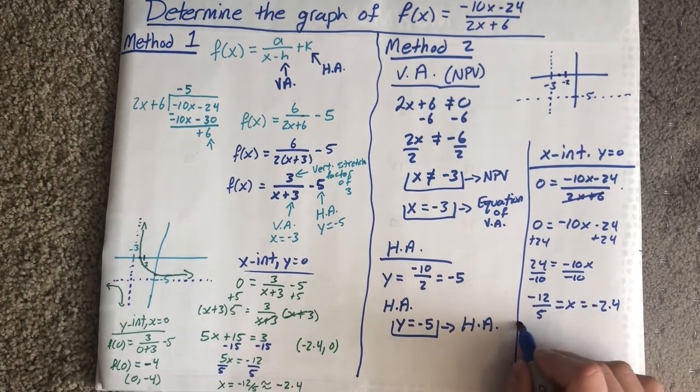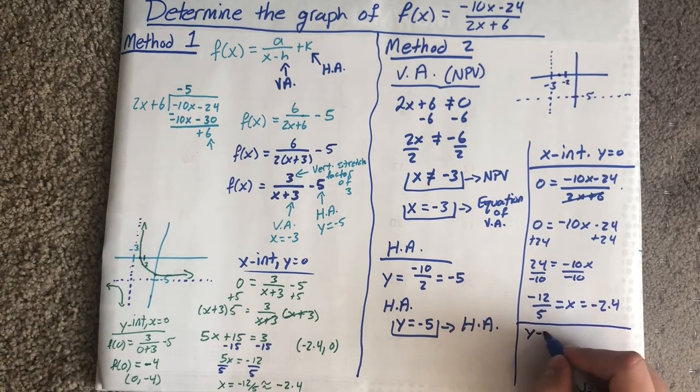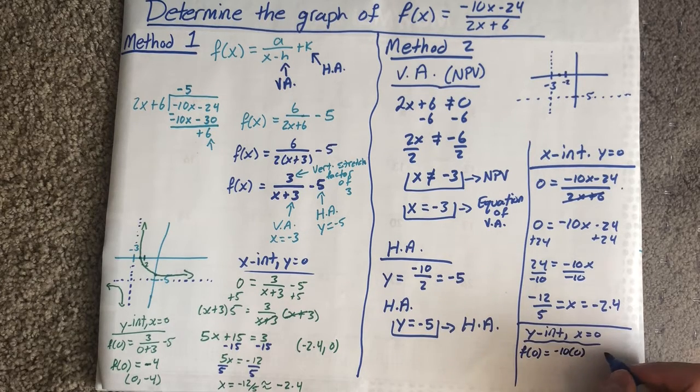And then again, let's quickly find our y-intercept when x equals 0. So when x equals 0, negative 10 times 0 minus 24 over 2 times 0 plus 6. These guys are going to cancel because multiplying by 0 gives you 0.